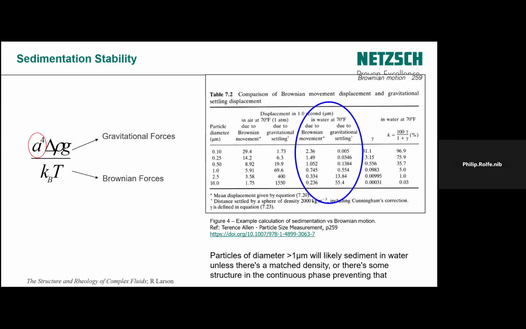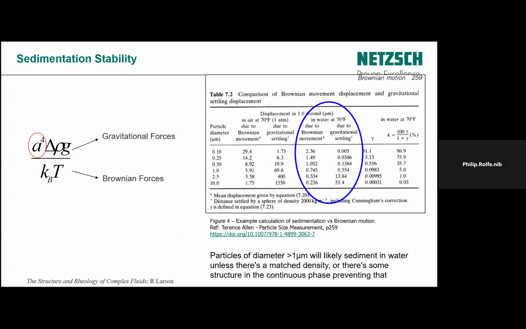So the first problem that we discussed is sedimentation. Now, with any suspension, you have a balance between the Brownian motion forces, the particles bouncing around, and gravity trying to pull them down.